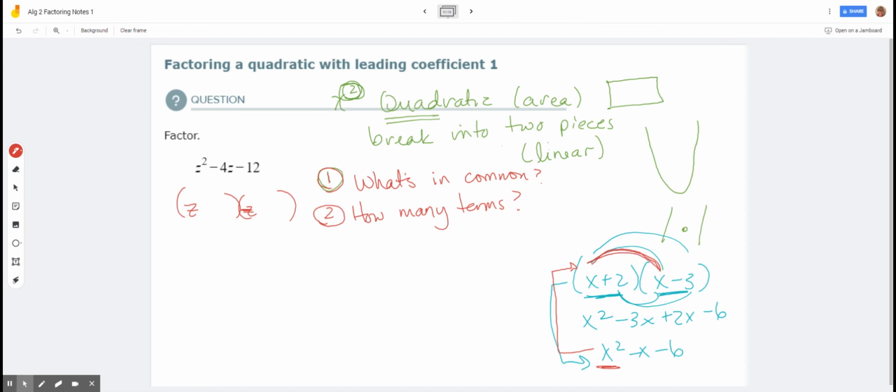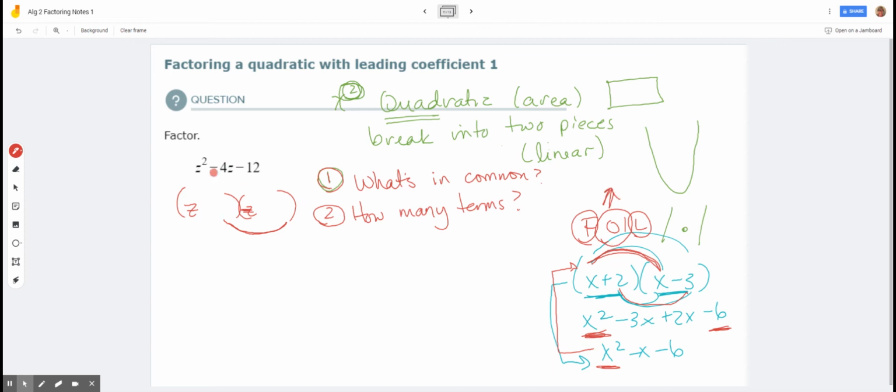We know the last two are going to multiply to get 12, right? 2 times 3 is 6. So you see the first and the last in FOIL are set. They have to be in there. They are in plain sight. It's the O and I that screws us up. This is the hard one.